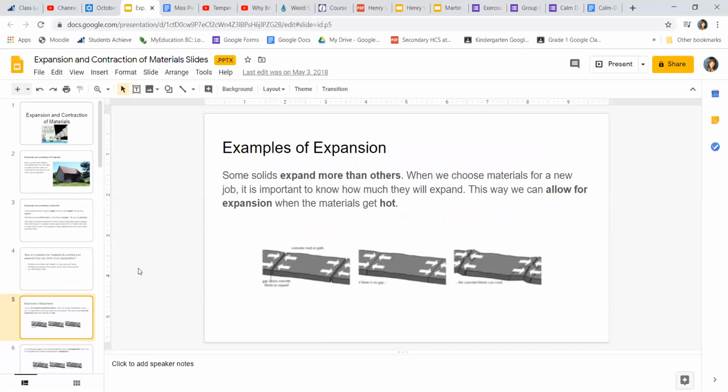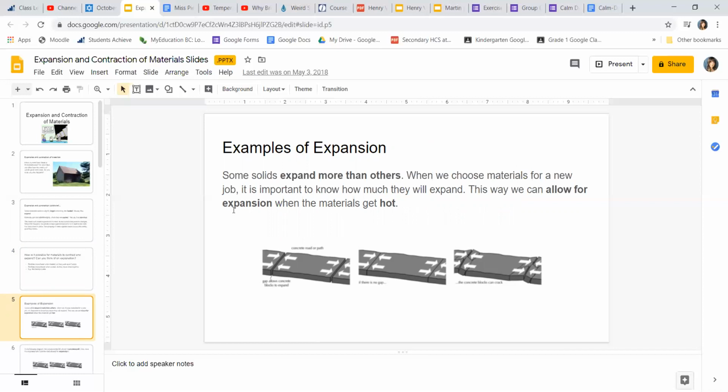All right, now we're going to keep going here. Some solids are going to expand more than others. We will look at that further in this lesson. People who create bridges and things along those lines have to really keep in mind the physics of what will happen to these materials under different temperatures.